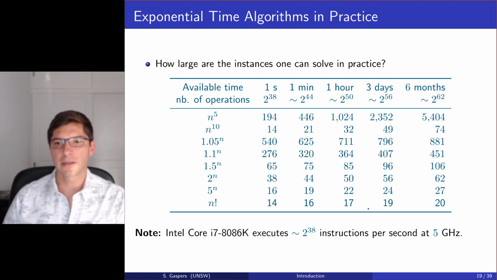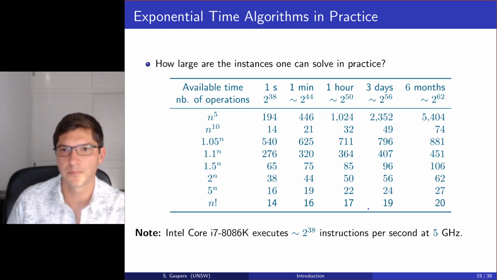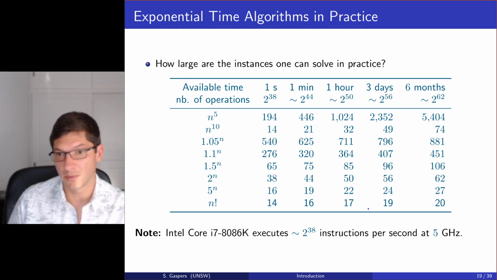And then I checked, okay, what size of instances can we solve? If we have an available time of 1 second, so we can execute 2 to the 38 instructions, then here are the sizes of the instances that we can solve if this is the running time of our algorithm.